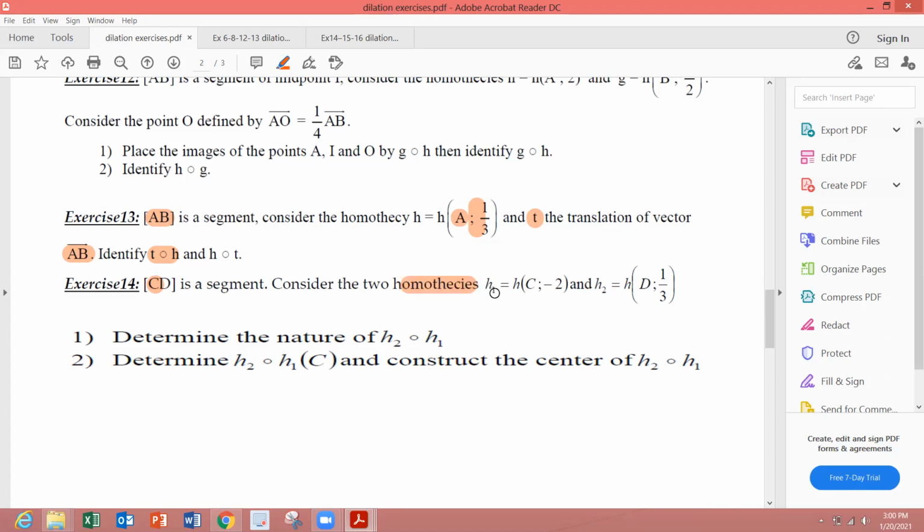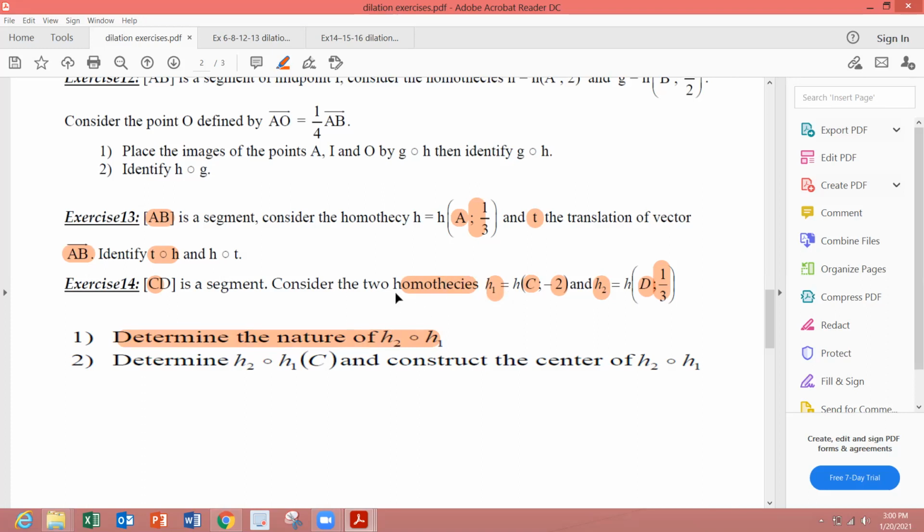The first homothesis H1 is of center C and ratio -2. And the second homothesis H2 is a dilation of center D and ratio 1/3. Part 1: determine the nature of H2 round H1.